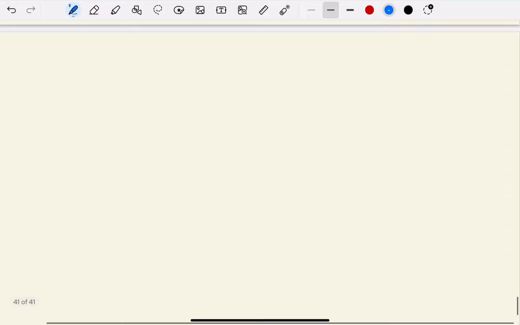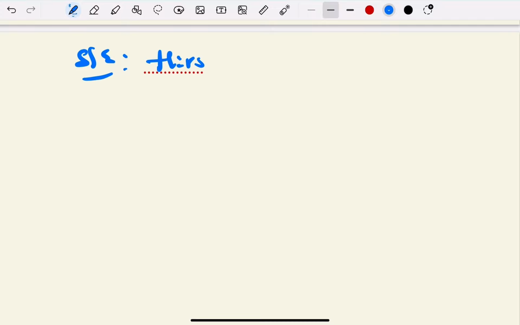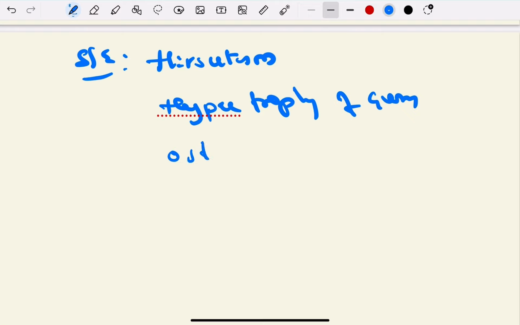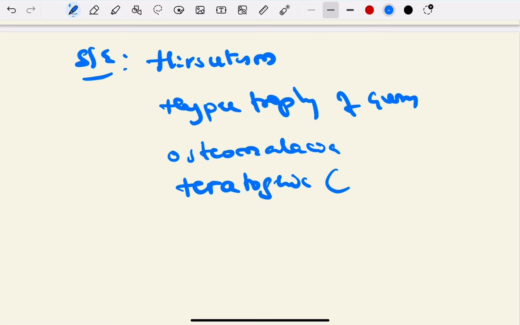So we talked about indication, we talked about pharmacokinetics. Let's talk about adverse drug reactions or side effects. Side effects of phenytoin are very vast, and they are prominent also. A few of the side effects include hirsutism, abnormal excessive facial hair growth, and hypertrophy of gums, gingival hypertrophy, and osteomalacia, then teratogenic effect, that is fetal hydantoin syndrome.